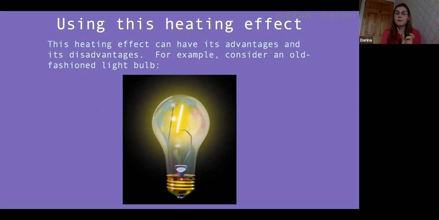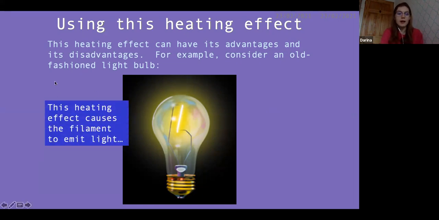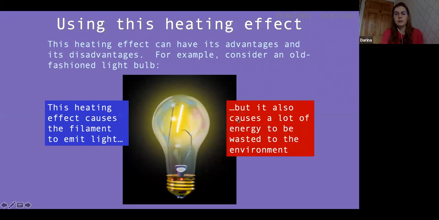So in a filament light bulb, heating up of the filament causes the metal to glow, which is what gives us our light. So that's an example of the use of the heating effect. It causes the filament to emit light, but it also causes a lot of energy to be wasted into the environment. And as I said, a lot of these filament light bulbs are being replaced by more energy efficient ones.